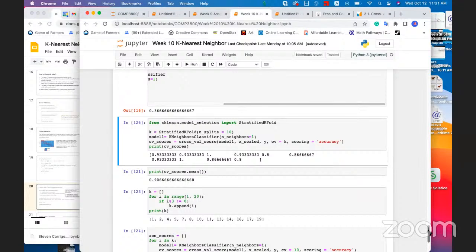Actually, score equals 1 doesn't look right. But this model for this training set could be quite accurate, although this number doesn't look very real. Accuracy score equals 1.